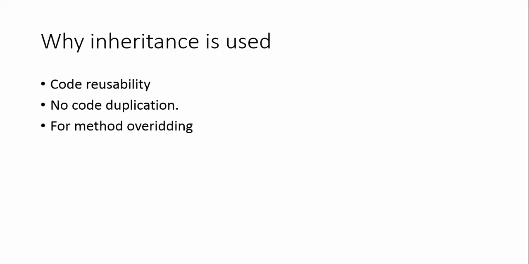Sorry, this is for method overriding, so to achieve overriding, we need to use inheritance. How to do overriding, we will discuss in a separate video, but in this video we'll mainly focus on how we can use this inheritance feature.